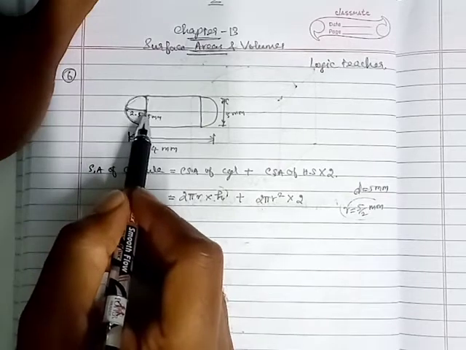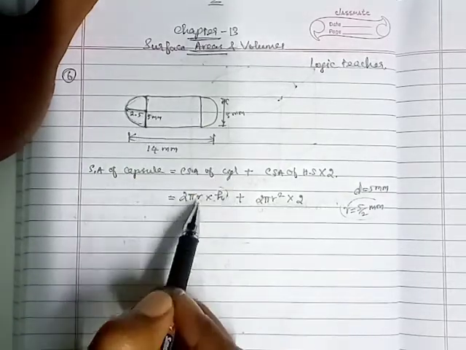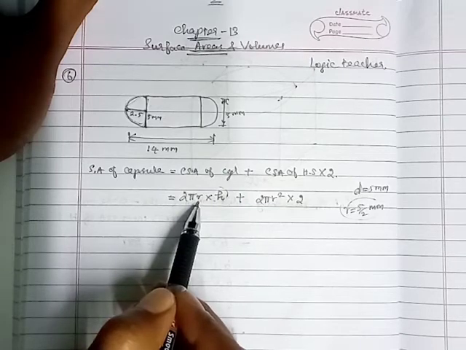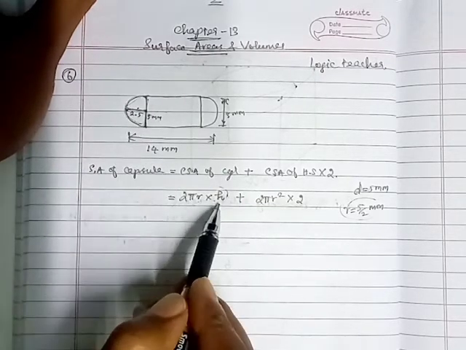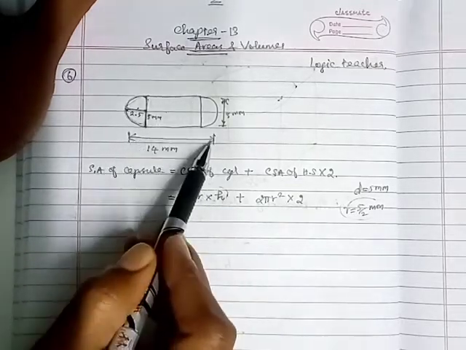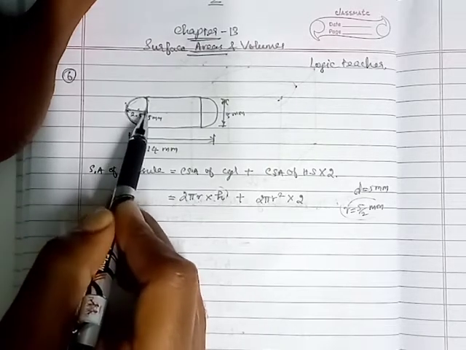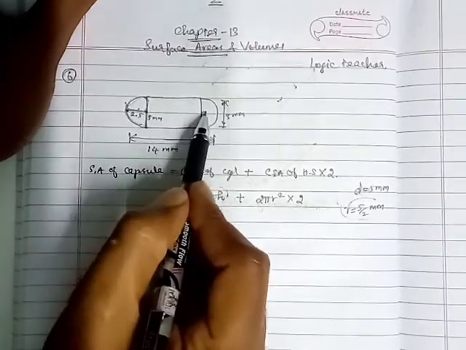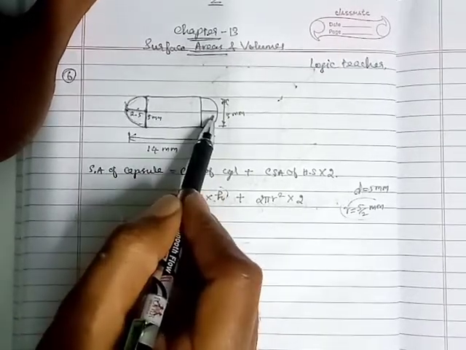This is the radius for the cylinder also, since the radius is same for both shapes. So what is the height? We have the total height, but here we know that this is 2.5 and this is 2.5, so 2.5 plus 2.5, that is 5.